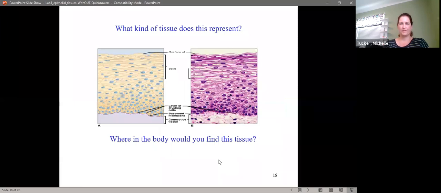Okay, so this one, you have many layers. And you notice the arrangement of nuclei. What kind of tissue does this represent? So the names are going to always start with however many layers. Stratified.